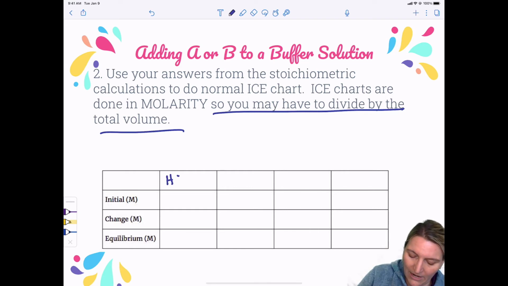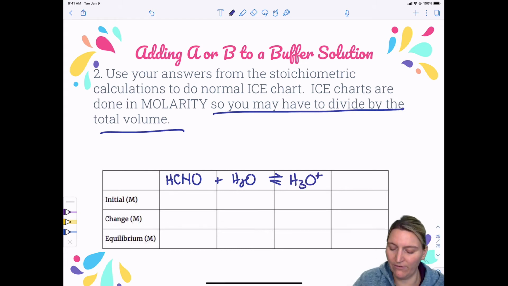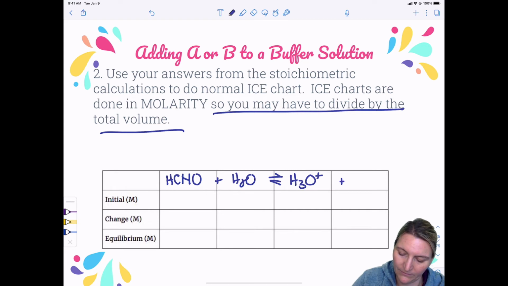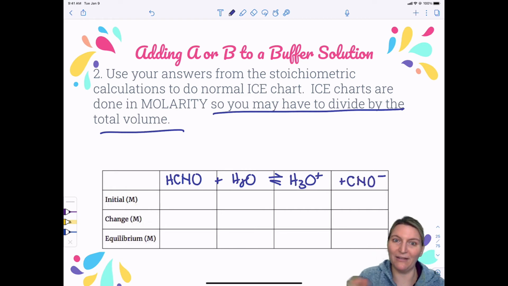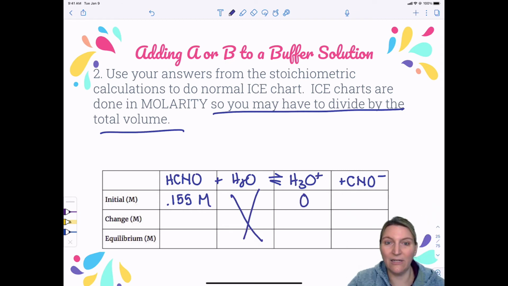So this is the HCNO plus water, right? This is the regular formula for a weak acid reacting as a weak acid. I could still think of this as dividing by 1 liter. So my weak acid is 0.155 molarity. The acid has all been used up.